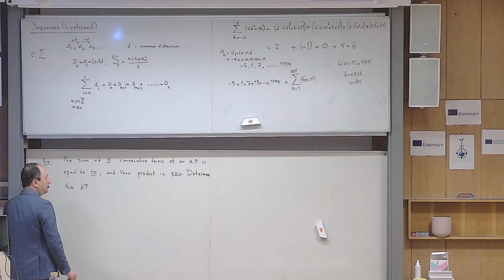So I have 5 numbers. They are consecutive terms of an arithmetic progression.